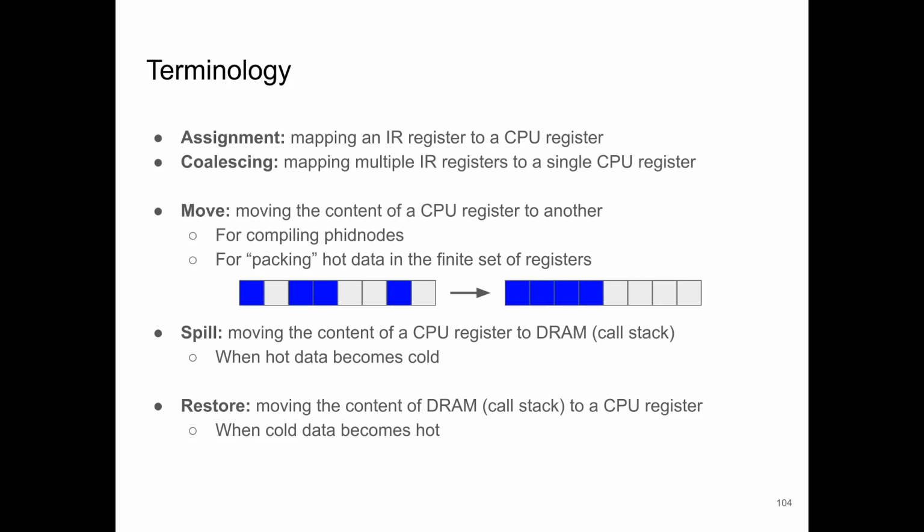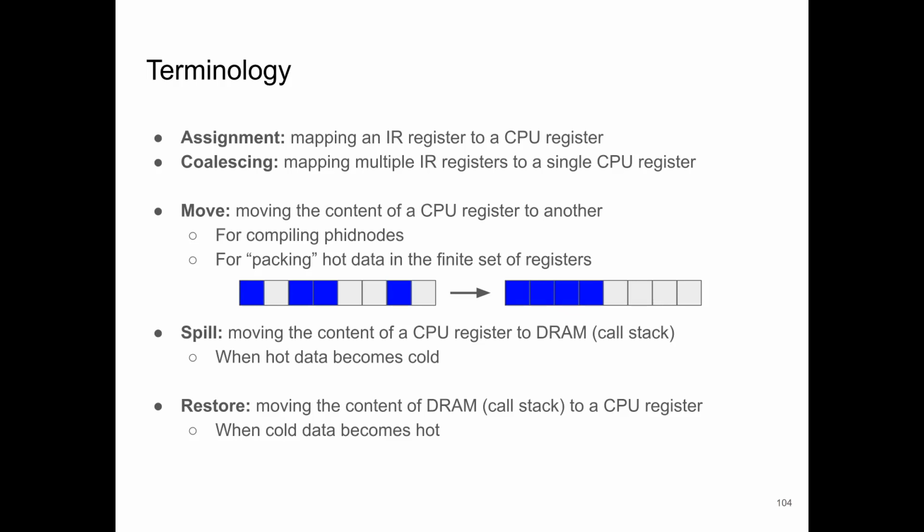And another important concept inside register allocation is a move, which is copying the content of a CPU register into another. You are going to use this move if you're compiling phis. So phis are essentially moving data into another register, right? And in order to compile these phis, you probably need to copy the content of one CPU register into another if the two IR registers are mapped to different registers.